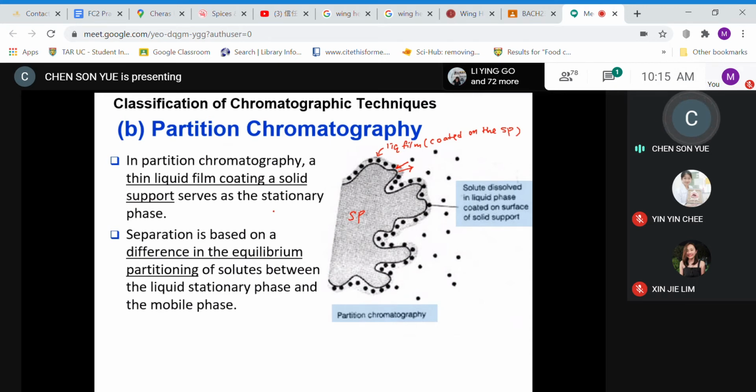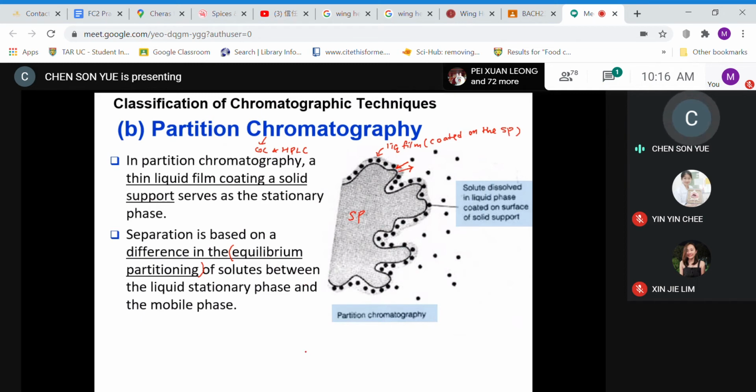It's an equilibrium process, or we call equilibrium partitioning between the sample and the stationary phase. This is a chromatography that is applied in our GC and HPLC. So GC and HPLC are based on this principle of separation.